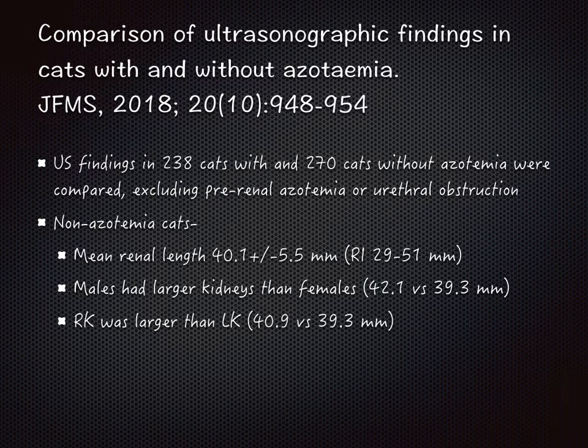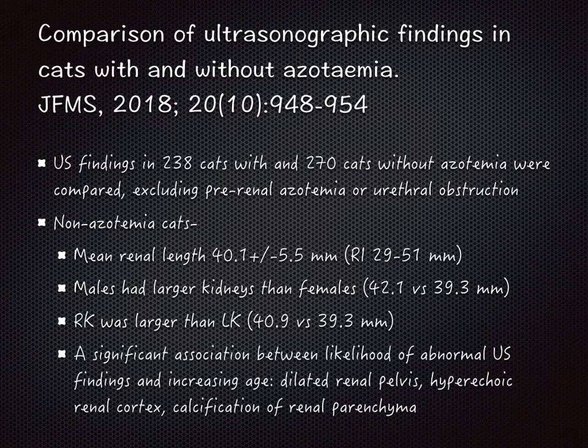On average, right kidneys were slightly larger than left. A significant association between likelihood of abnormal ultrasound findings and increasing age. Abnormal findings included dilated renal pelvis, hyperechoic renal cortex, and calcification of renal parenchyma.